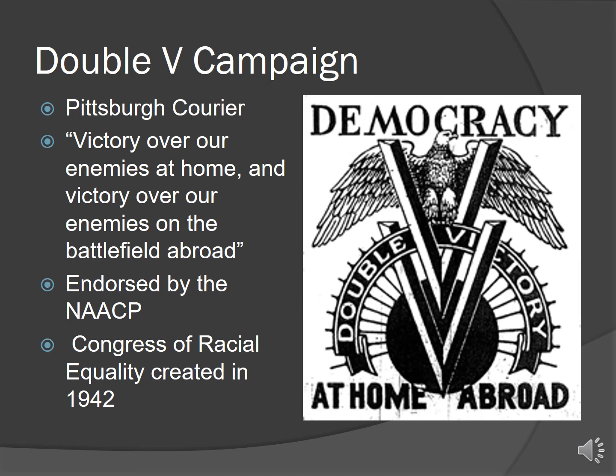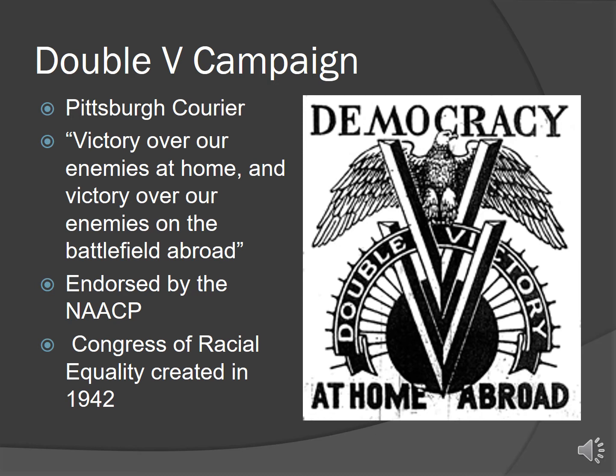The other thing that's happening back on the home front is more discussions around African American civil rights, and particularly this idea that if we are sending our sons to go and fight across the oceans against these fascist dictators and these anti-democratic regimes, that we need to also fight the injustices here at home.